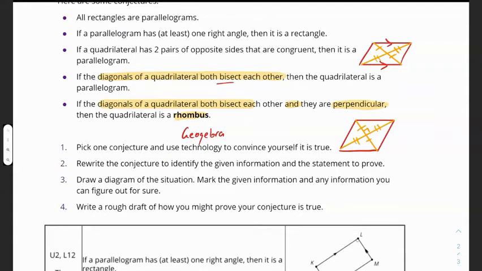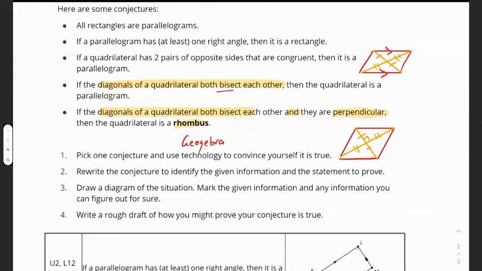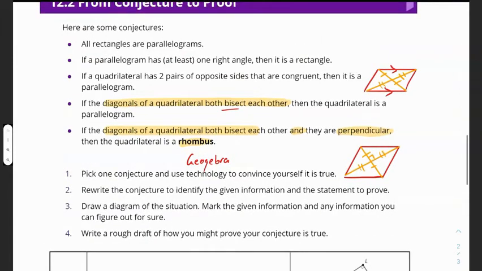Second, rewrite the conjecture to identify the given information and the statement to prove. And so from your drawing, basically on GeoGebra, you're going to look at whichever conjecture you're focused on.